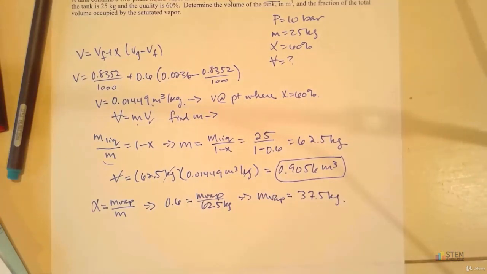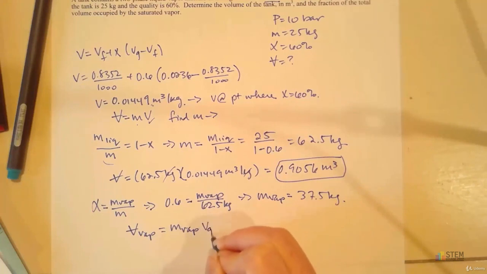Now we have that. Alright, so what do you think we should do with that? Yep, we're going to use this volume equation. We're going to have volume of the vapor equals the mass of the vapor times Vg. Now why are we using Vg?